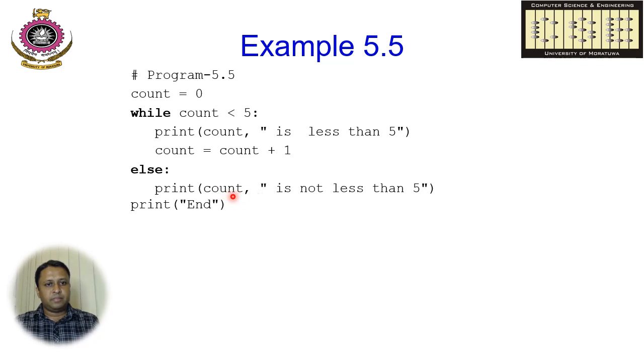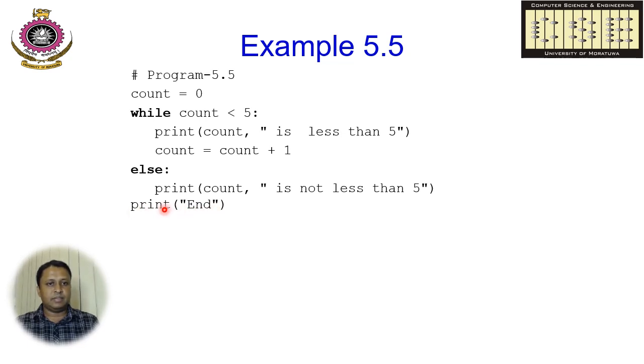So we know from the previous slide that the else clause will be executed when this condition becomes false. So we can say within the else clause we will print count and is not less than 5, and finally, after all that, we will print end as well.